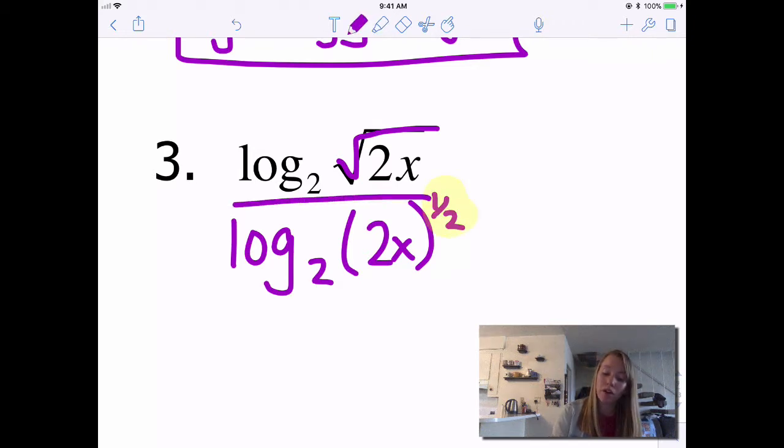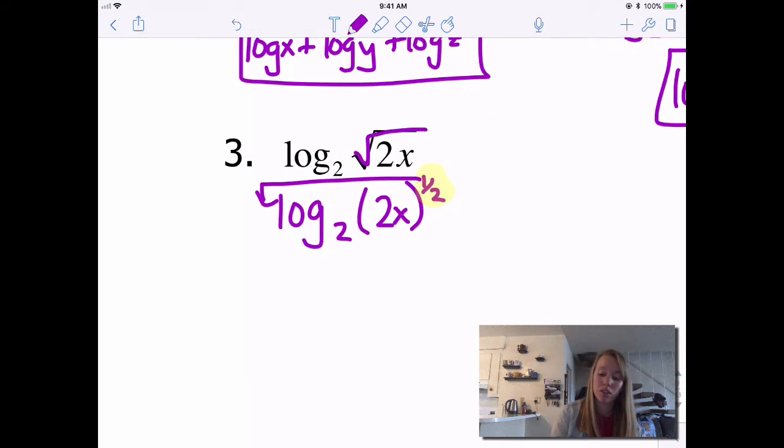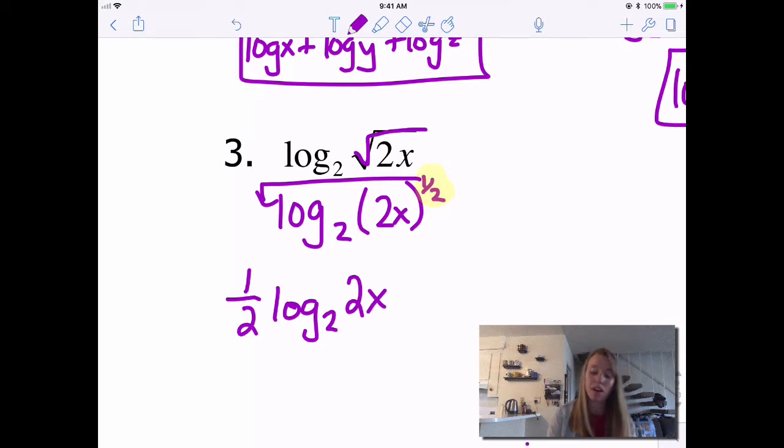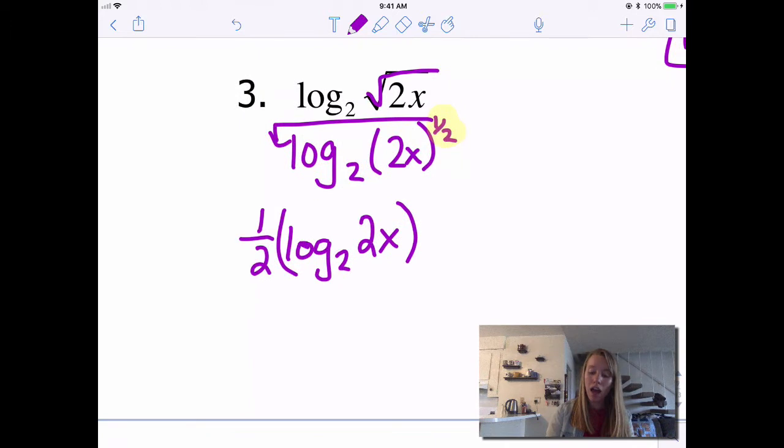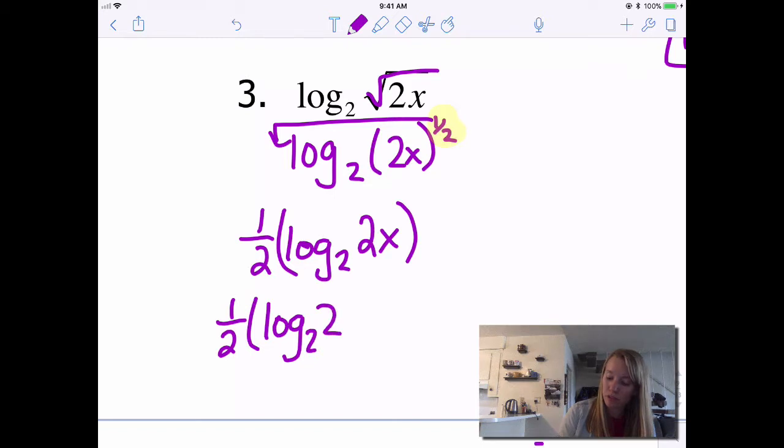So that power can come out front. So I'll have 1/2 log base 2 of 2x. And this log base 2 of 2x, I've got to think log base 2 of 2 plus log base 2 of x.